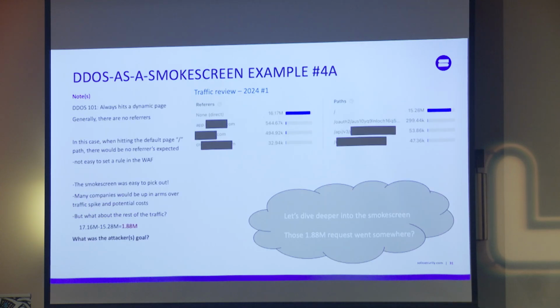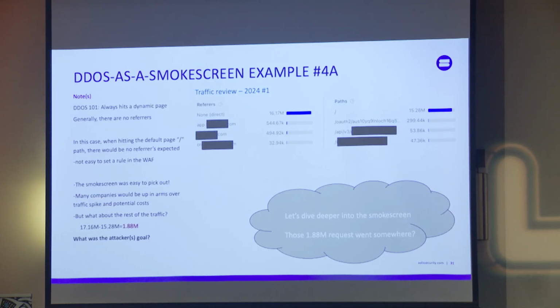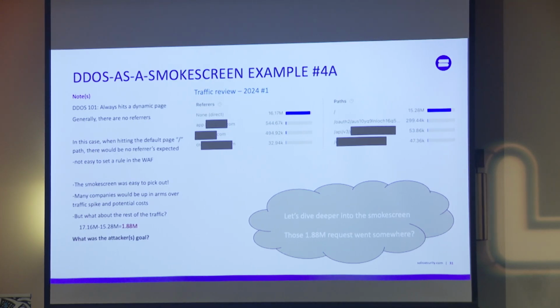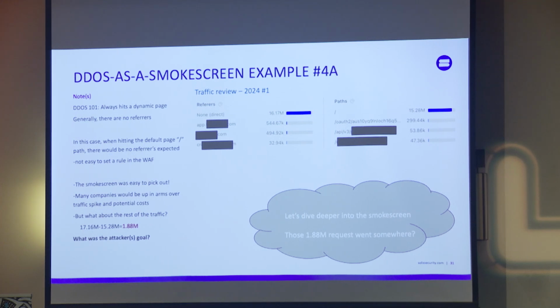So if we go look at this attack under the covers, right, you could see that there was several pieces of traffic that was direct, meaning it didn't come through Google, it was straight to the website. Doesn't always mean it's bad, but it's there. But out of all the traffic, that was about 16 million of that, or about 15 million going to the root web page. Well, that's good. We can easily skiff that away, right?